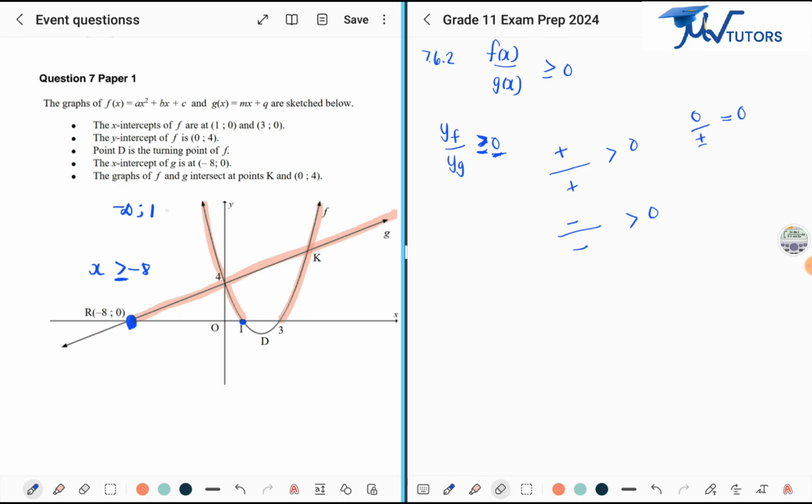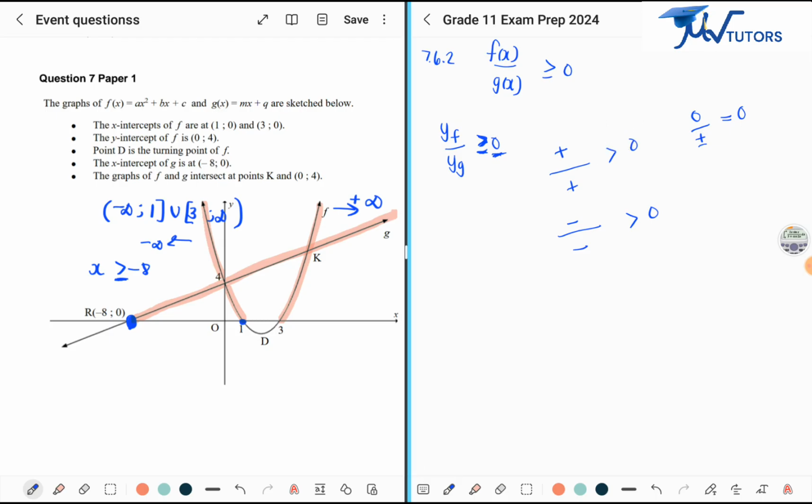Whenever you have infinity, you can't really have square brackets because you don't know what infinity is. And also we're starting from 3 all the way to positive infinity. So that is where we have both g and f positive.